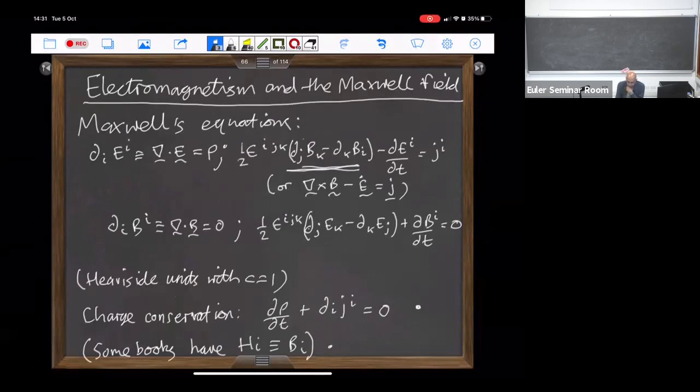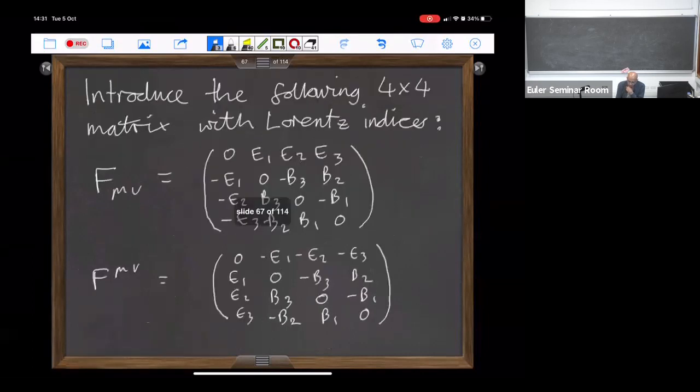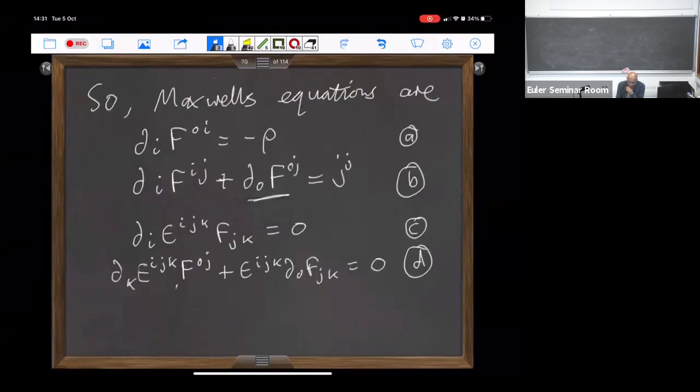And you see that because F_ij is proportional to epsilon_ijk B_k, we get this term here, and similarly the time derivative of the electric field, minus the time derivative of the electric field, is just this d_0 F_0j upper, and so that is equal to the current. So that's the first two equations.